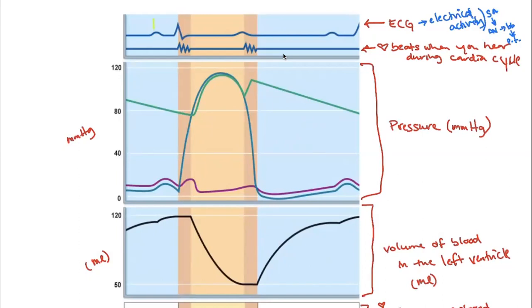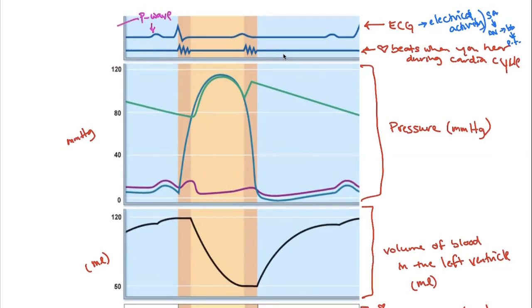But we do know that this first wave right here, called the P wave, is when your atria are contracting. Okay, so this is atrial contraction. Another way to say that is atrial systole, right? So it's contracting. The atria are contracting.